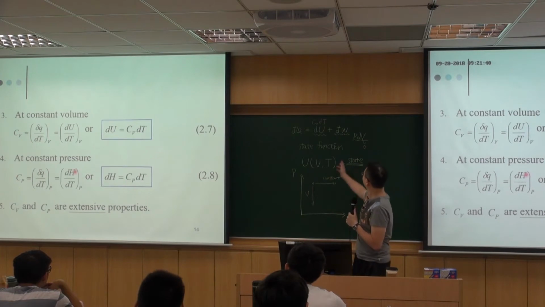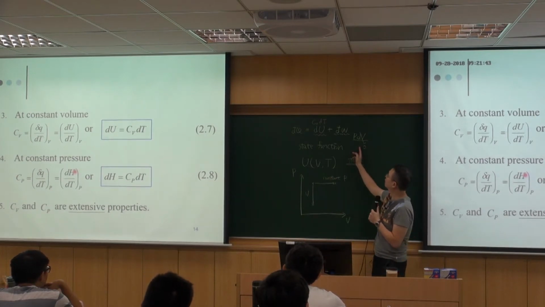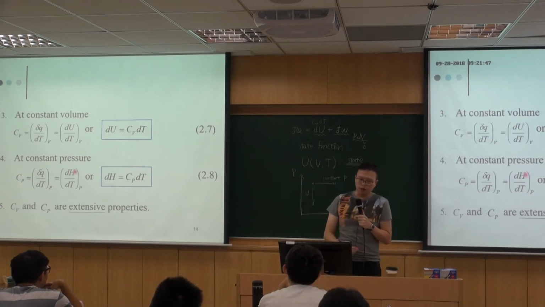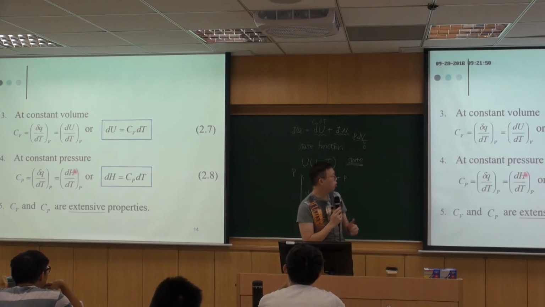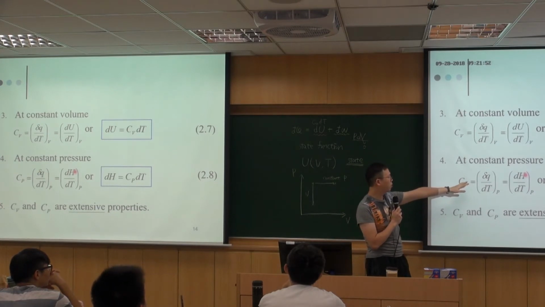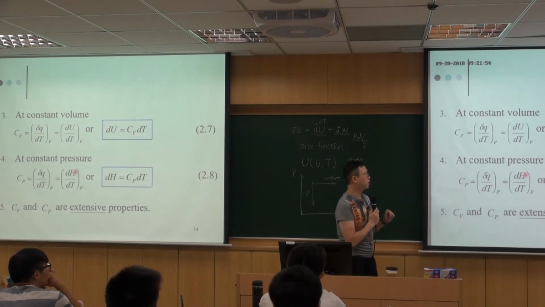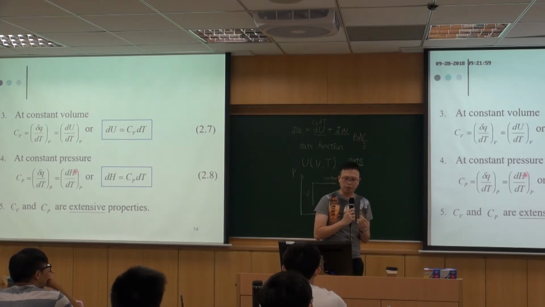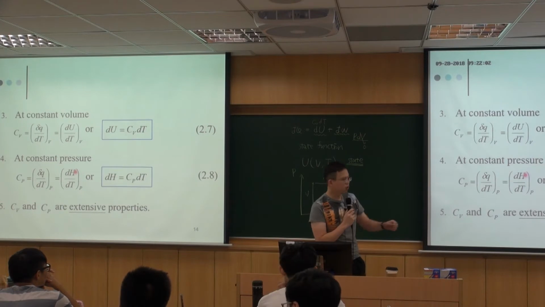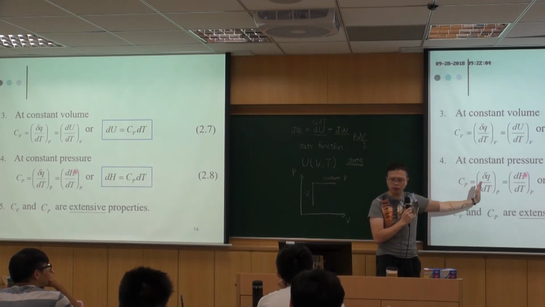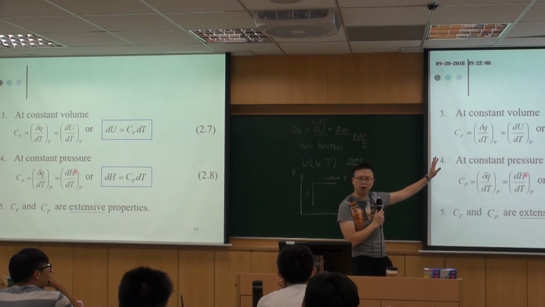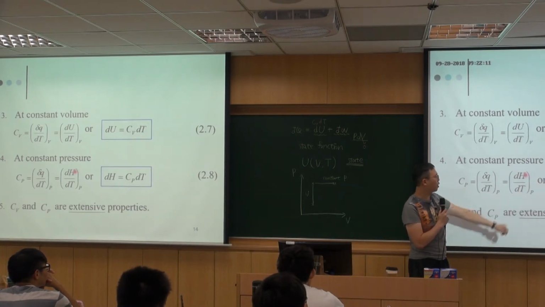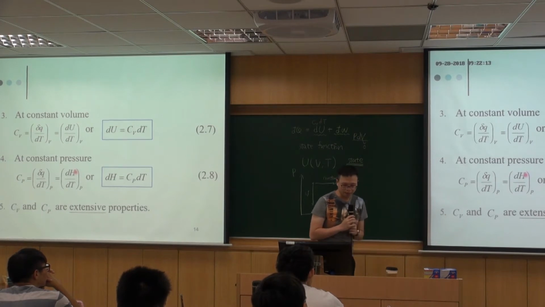Because there's no volume change part. There's only this internal energy change. However, if you're dealing with constant pressure, then this delta Q can be written as dH, right? Because H is U plus PV. And we know that at a constant pressure process, dH represents delta Q. So this is two different ways when you are dealing with different processes. So dH, in another way, can be written as Cp times dT.